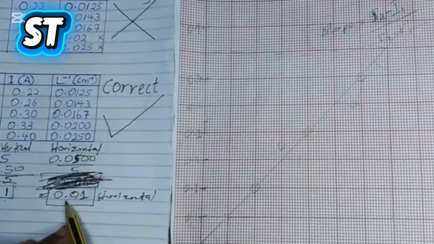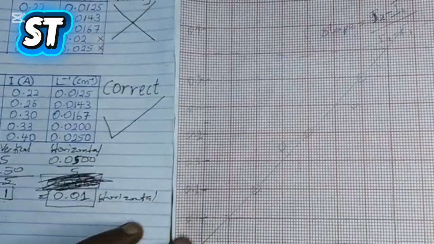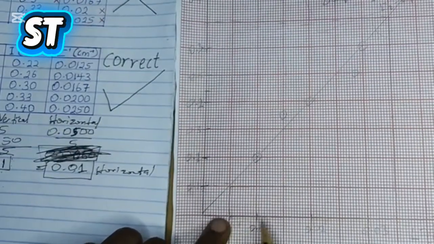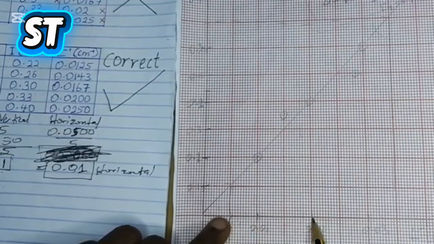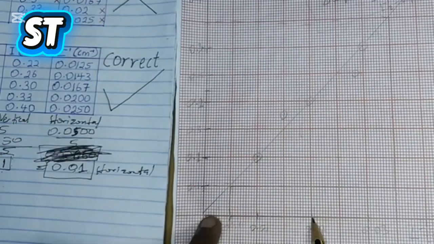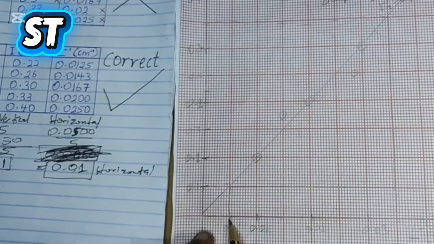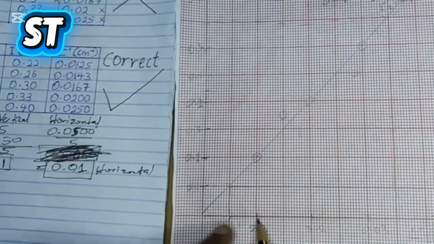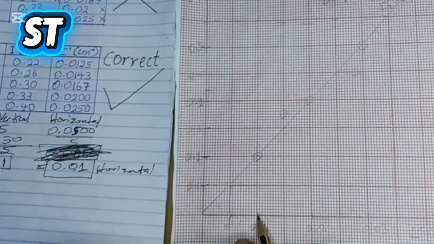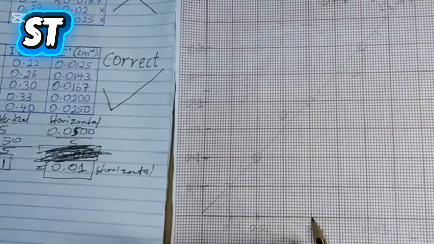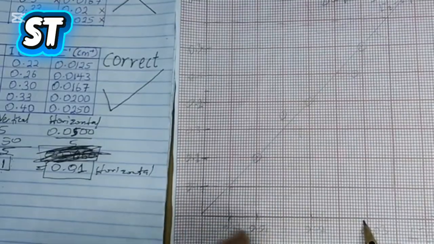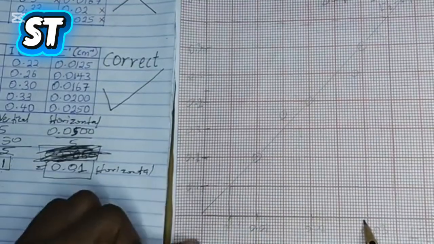And mind you, we have taken 0.01 for the horizontal. If you take 0.01 here, 0.02, 0.03, and you see the highest there, it will be small. So we cannot take 0.01 for 2 centimeters again. Let's go for 0.01 for 4 centimeters, 0.02, 0.03. That's taking the larger part of the graph.